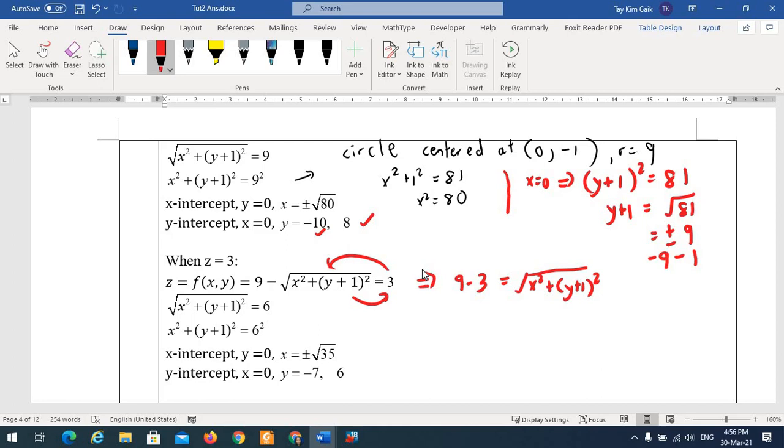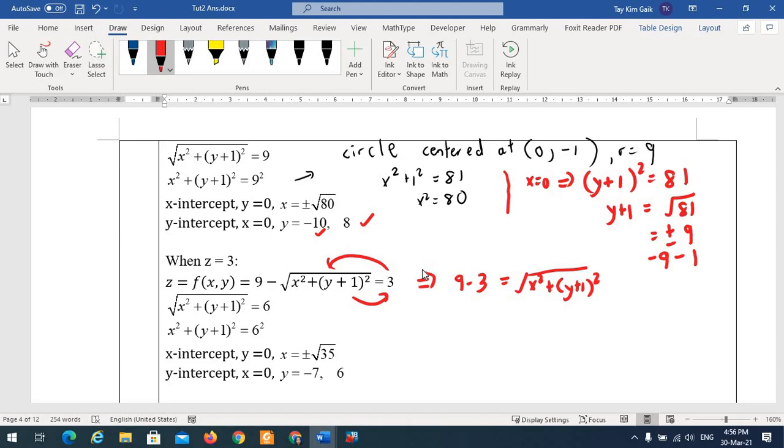And then you square both sides to get rid of the square root. Again, the circle still has the same center at x = 0, y = negative 1, but now the radius is 6. So you have a smaller circle.